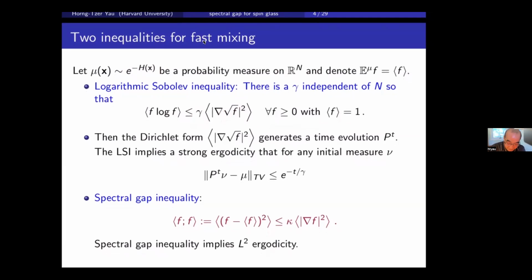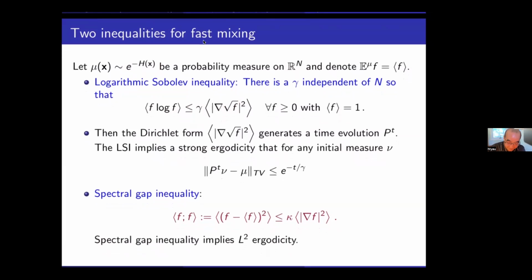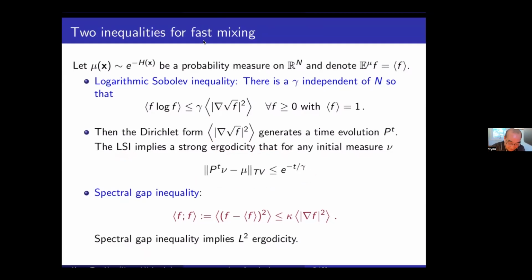Now, this object is called the Dirichlet form, and the Dirichlet form generates the time evolution dynamics. The key is that the log-Sobolev inequality implies a fast mixing of this type. Once you prove this, you have the fast mixing in a very strong sense. The spectral gap is a bit weaker.